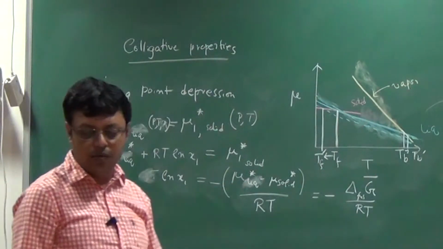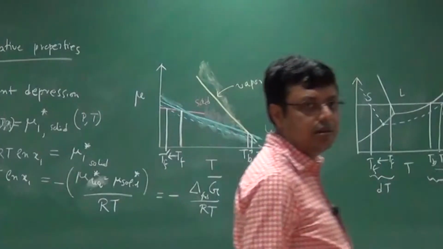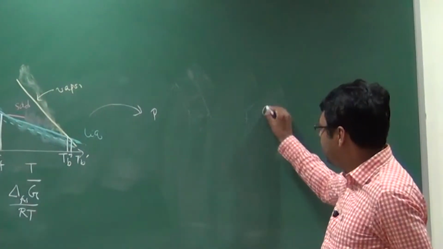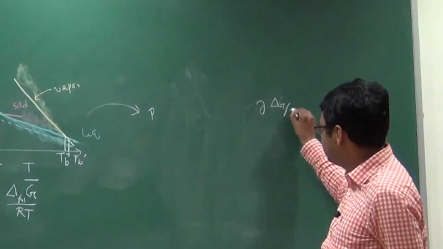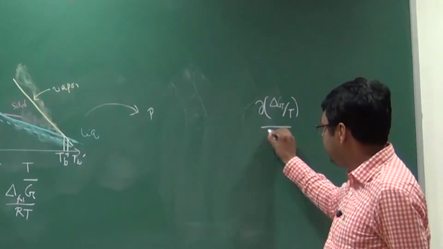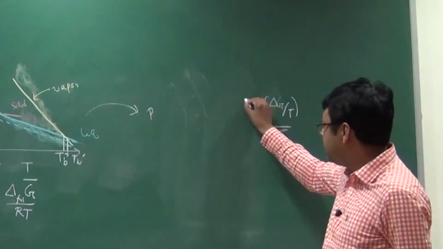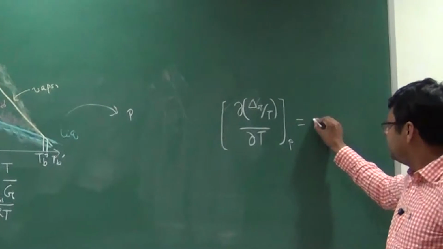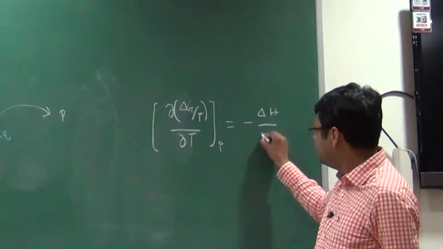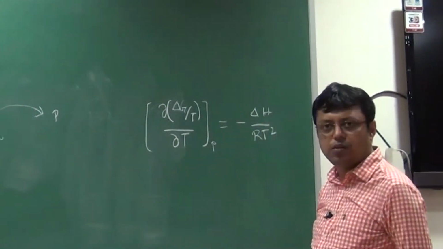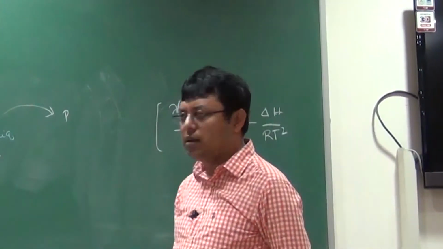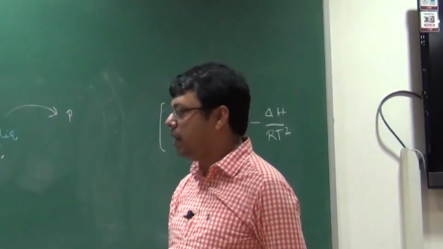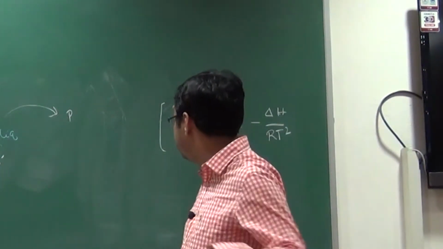Now there is an equation, the Gibbs-Helmholtz equation, which basically says the derivative of delta G by T with respect to T, at constant pressure of course, is minus delta H by T squared, right? That you know. So I'm just going to use that here. So basically I have to take the derivative on both sides. Okay, let's do it.